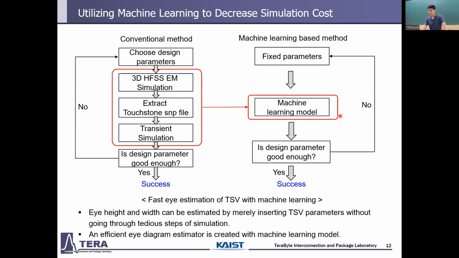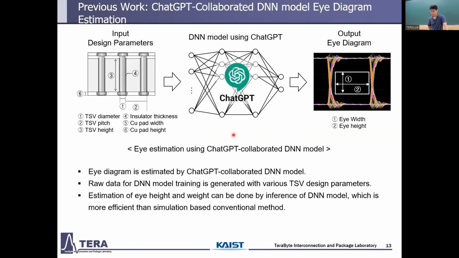If we use the deep neural network, we can just put in the design parameters, the 6 design parameters that I showed, put them into a DNN, and then just get the output, which is the eye diagram, the eye opening area in this case. So this is the main idea that I'm proposing.